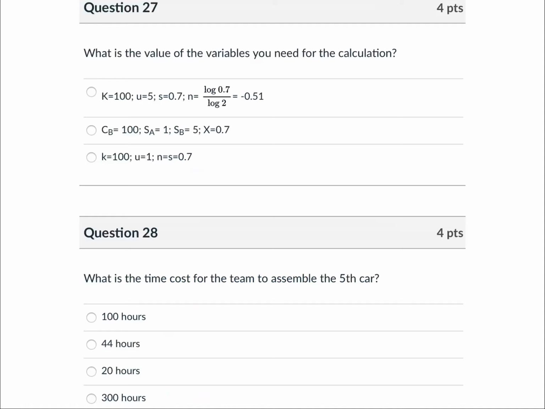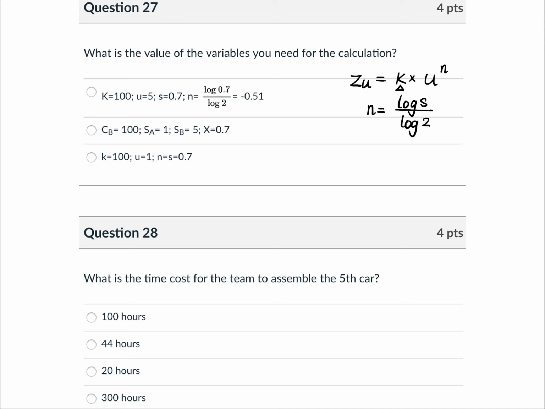Now what are the values of the variables you're gonna use in that equation? Let's just write that equation here. So Z_U is K times U to the power of N. N is log of the learning rate over log 2.